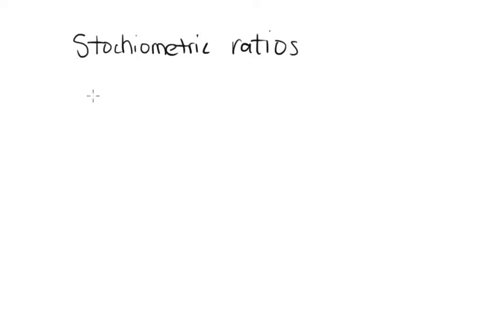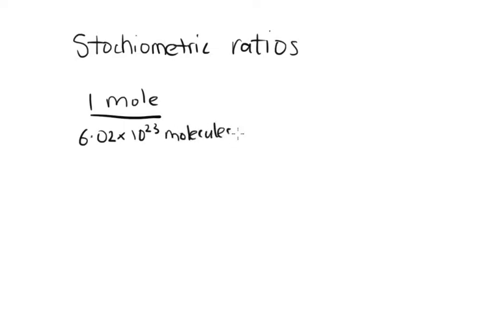So let's start with the first one. 1 mole is 6.02 times 10 to the 23 molecules or atoms, depending. What this says is for every 1 mole of a substance, a mole is like a dozen, like a pair.